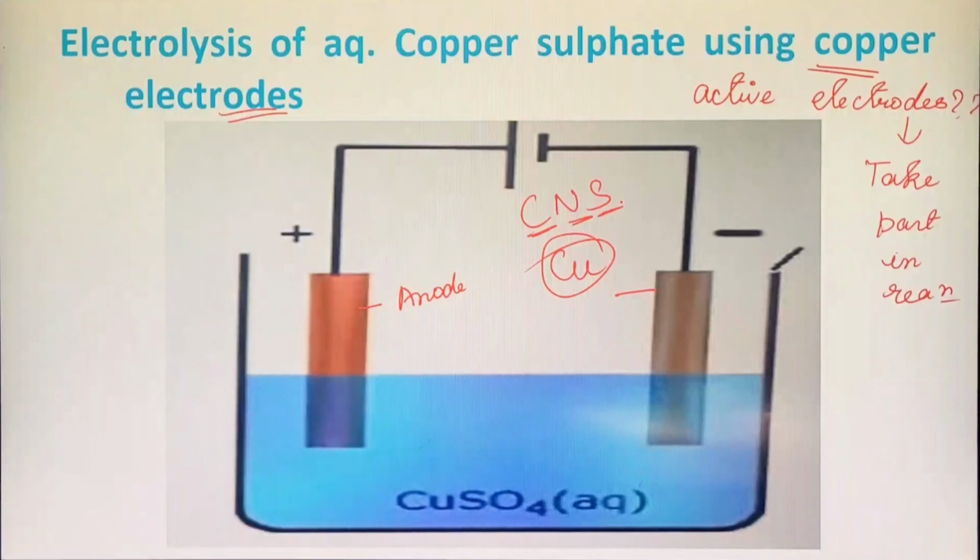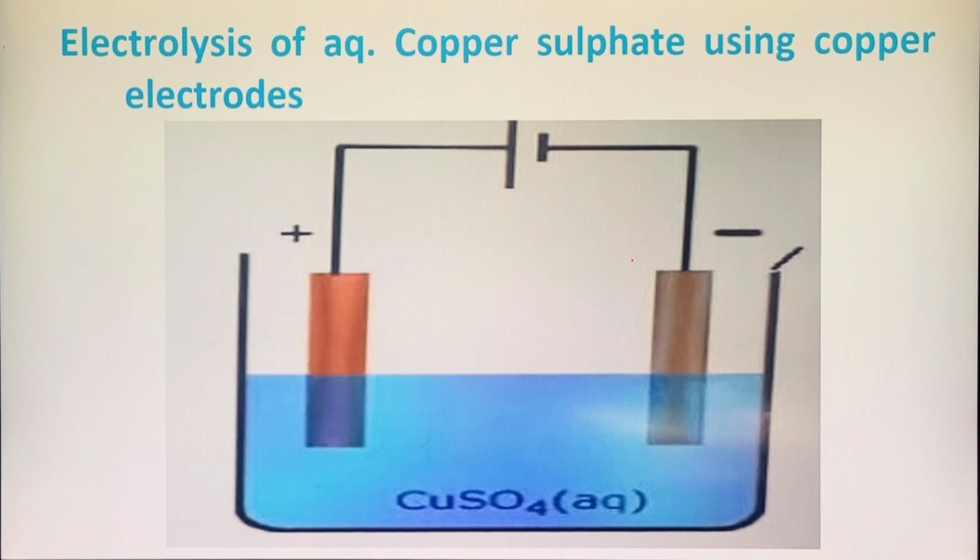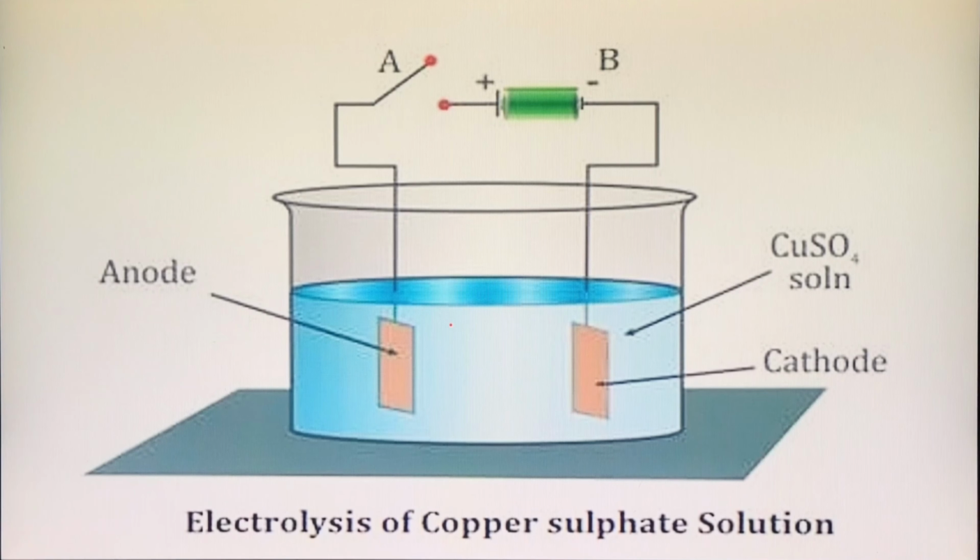So anything that is made up of copper, nickel and silver will be called active electrodes. And what do I mean by active electrodes? They themselves will start taking part in the reaction. So this is the speciality of this electrolysis, and this is the reason why it is mostly asked in the exam. Clear?